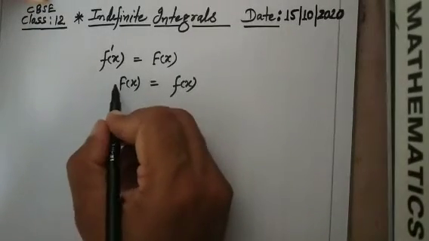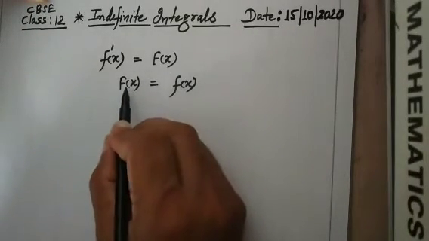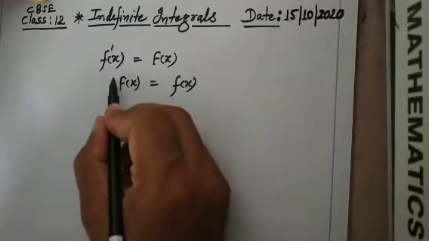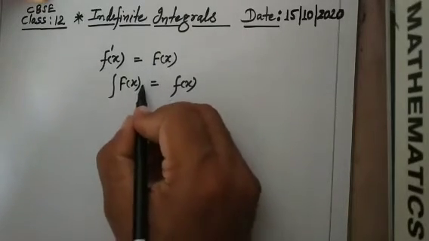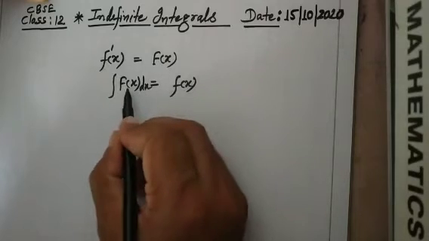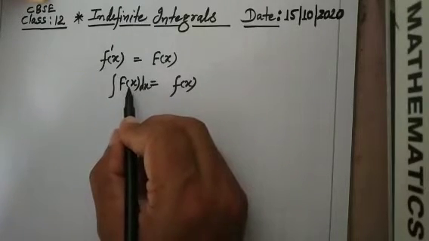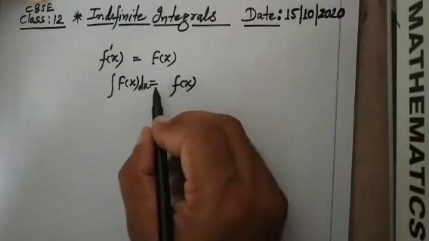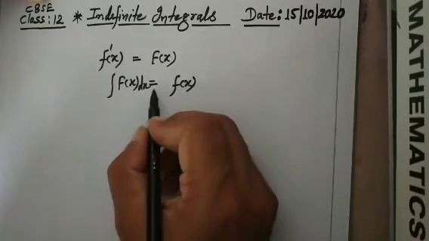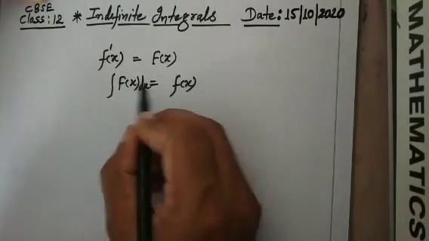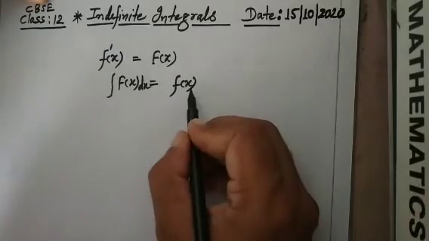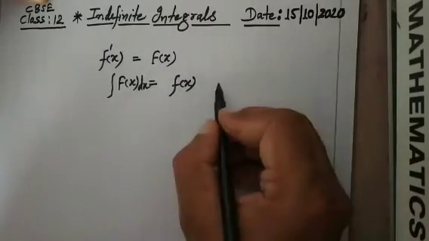That procedure is known as the process of anti-differentiation, which we represent in this form to get the antiderivative of capital F(x), and this gives us small f(x). This process of finding the antiderivative is also known as integration.